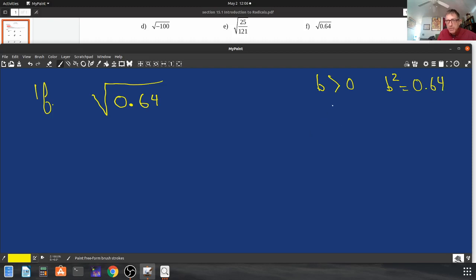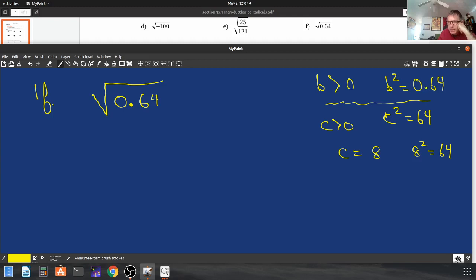Well, you probably know that this is going to be related to a similar question: some number c greater than 0, where c squared is equal to 64. Well, if c is equal to 8, then 8 squared is equal to 64. Well, what do I do here?